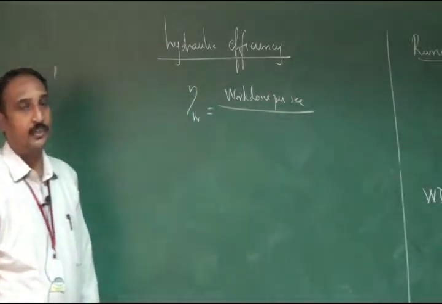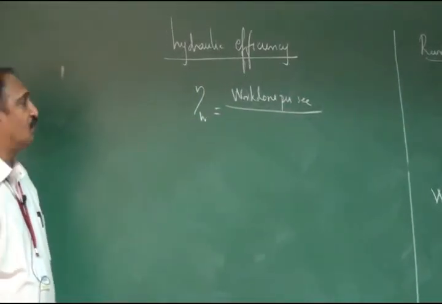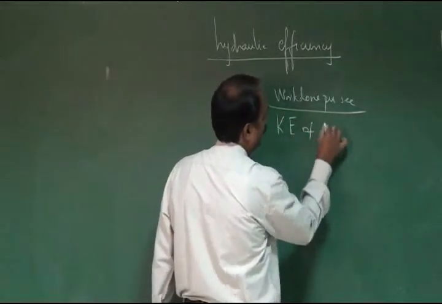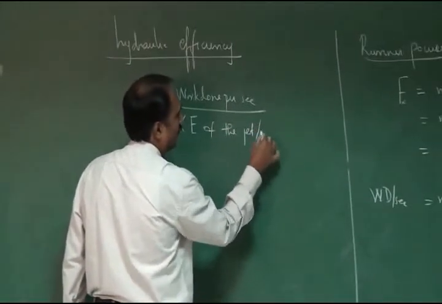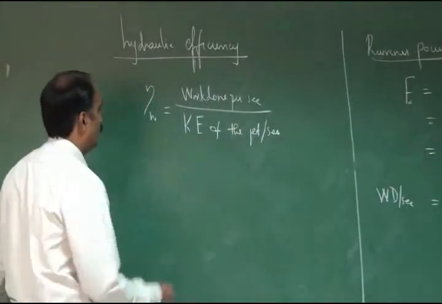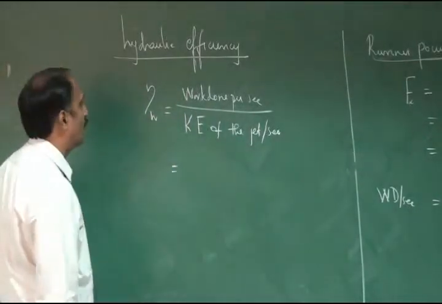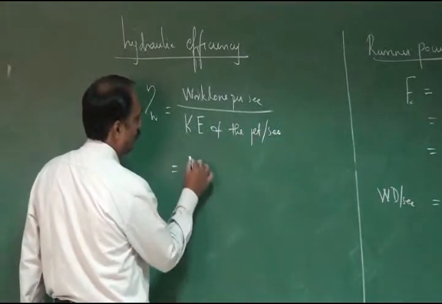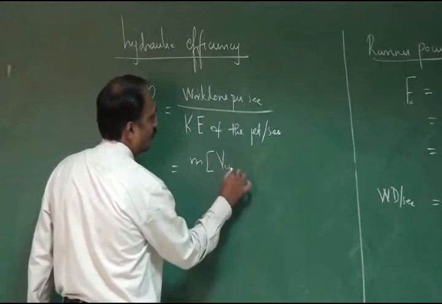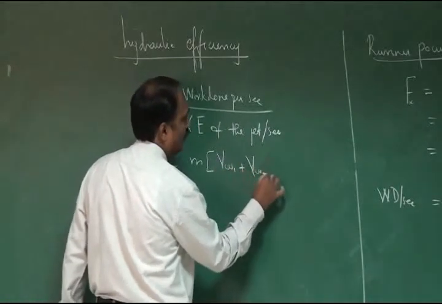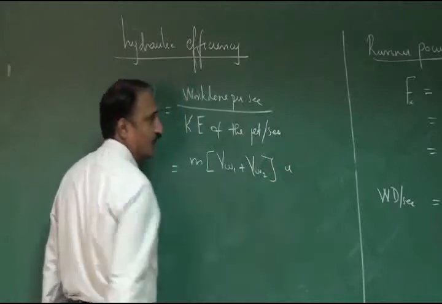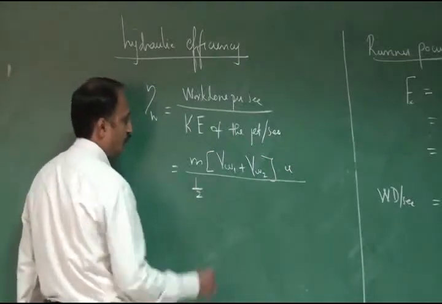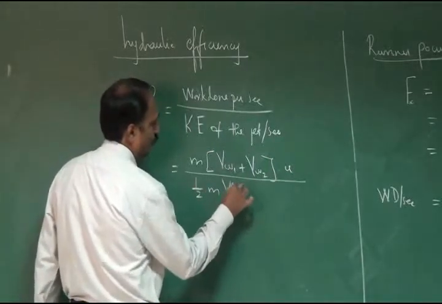The input of the Pelton wheel turbine is the kinetic energy of the jet per second. With this we can calculate the kinetic energy and work done. Work done is nothing but mass into (velocity of whirl at inlet plus velocity of whirl at outlet) into tangential velocity of the bucket, divided by the kinetic energy of the jet of water, m v1 square.